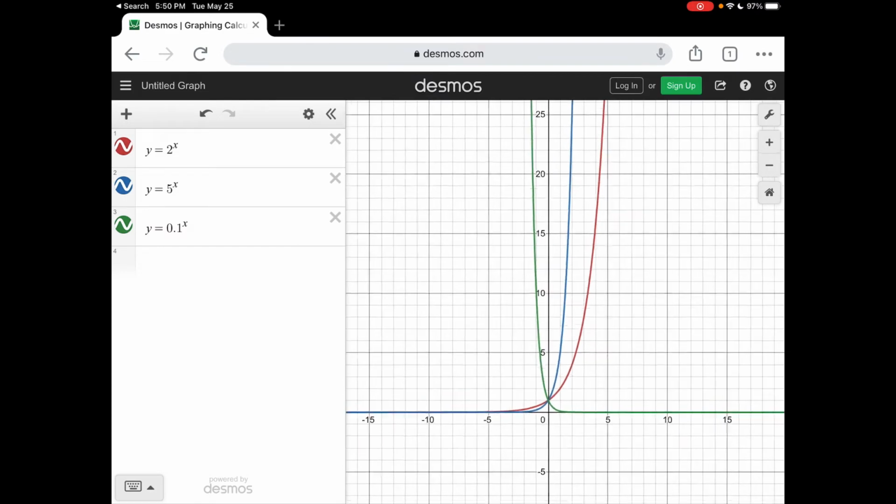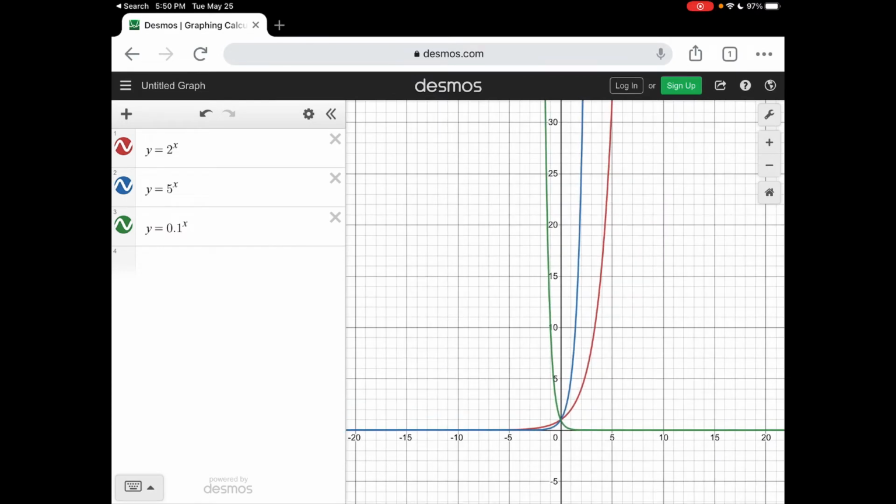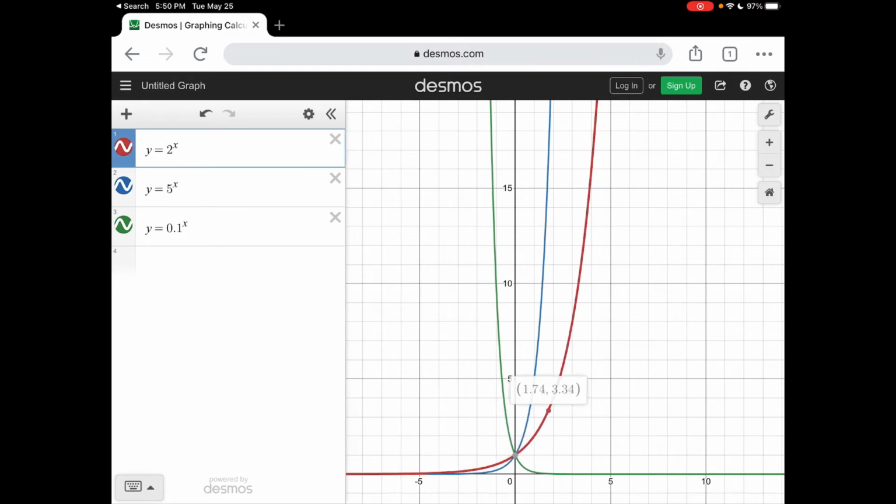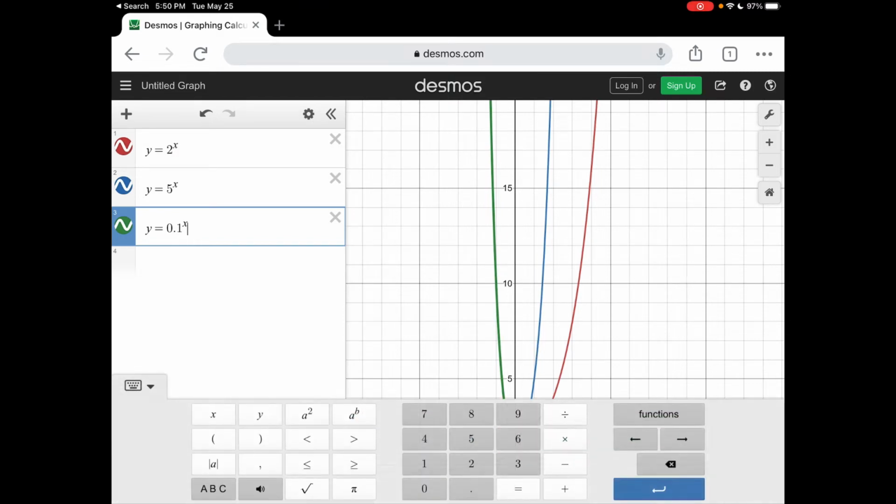Notice how with these ones, you start over here and then you go up like this. This one, you start up high and you come down, right? So instead of going up, you're coming down on this side. That's what happens when you have a fraction there instead. Instead of your value getting larger, it's actually getting smaller and smaller.